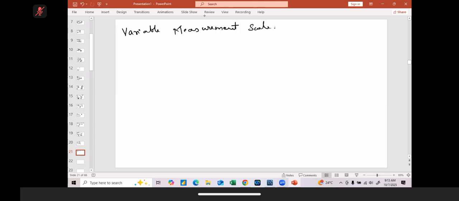Variable measurement scale. Meaning of this? Anyone know meaning of this? Variable measurement scale. This is also known as levels of measurement.